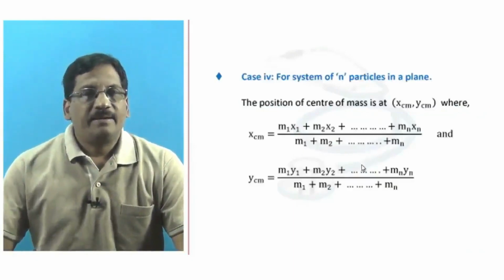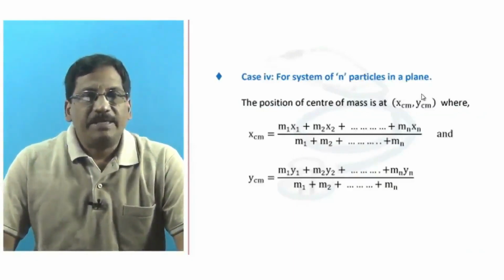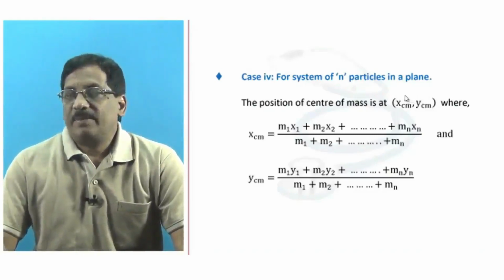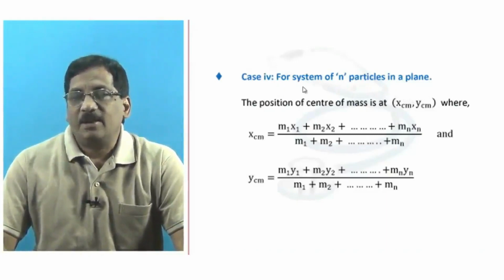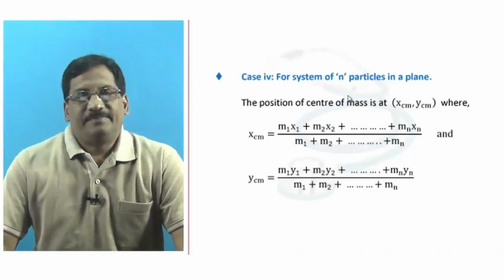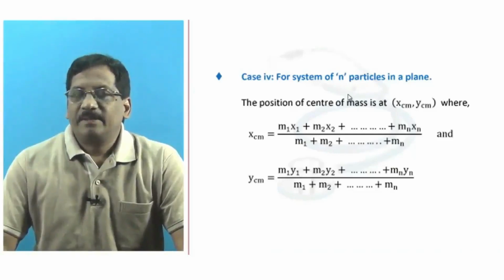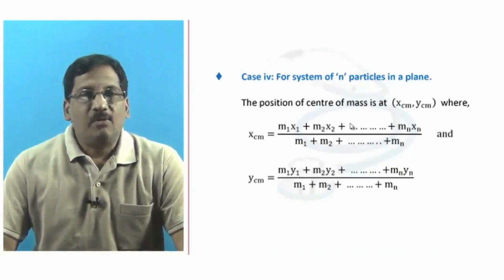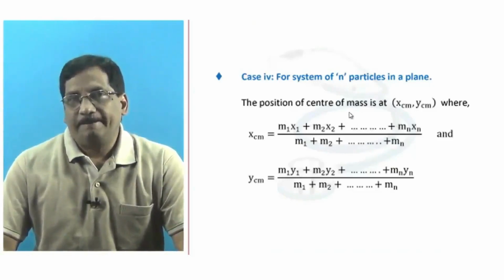And then for a system of n particles in a plane. We have discussed for a system of n particles on a line in the previous case. Now the particles are in a plane, which means there will be two position coordinates, x coordinate as well as y coordinate, because we are on a plane.